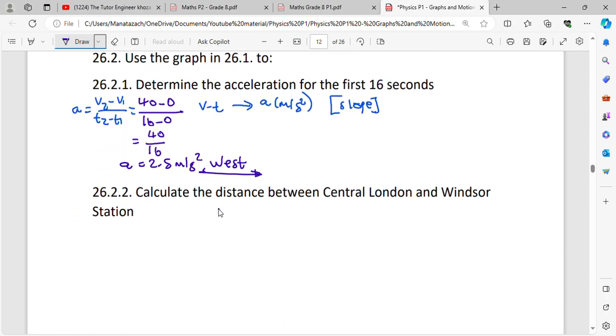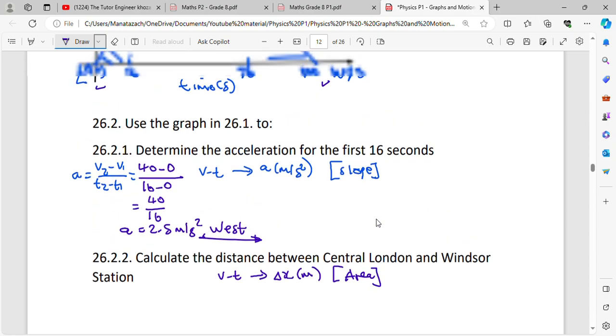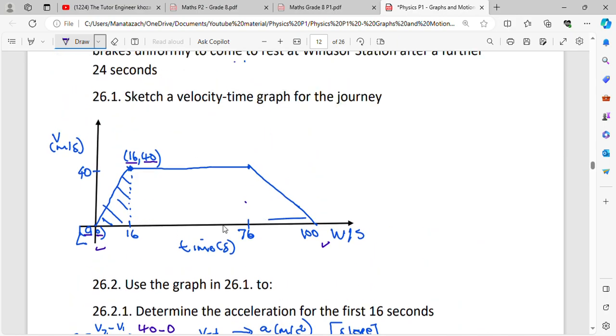Since you are given the velocity time graph and you need to work out the distance or displacement, that means now you need to deal with the area under the velocity time graph. So we're going to calculate this area, then calculate the area of the rectangle, and then finally calculate the area of this triangle at the end.